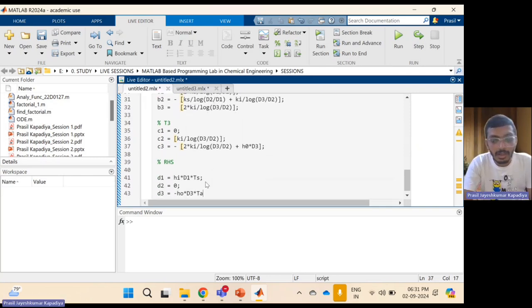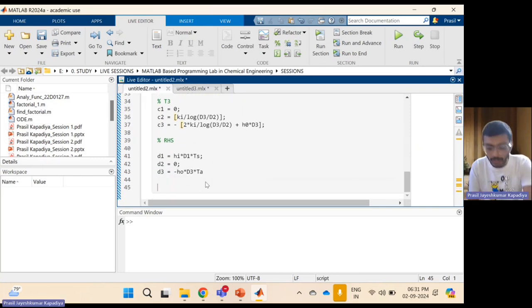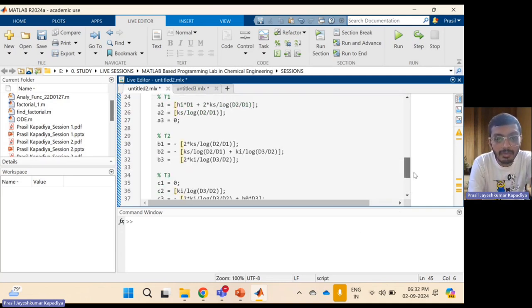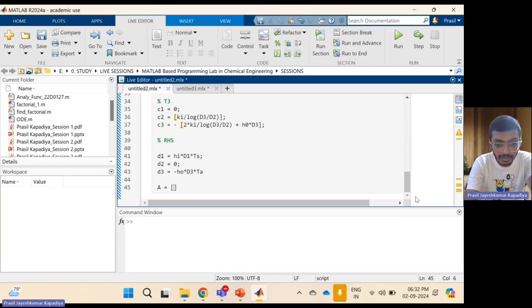So now what we need to do? Okay, so this is done. Now what we need to do? We need to find a solution. So let's prepare two matrix A and B. My first matrix A is equal to coefficient of first equation. So it will be A1, B1, C1, correct? So coefficient of T1, T2 and T3 in first equation. Now let's write it down for second equation.